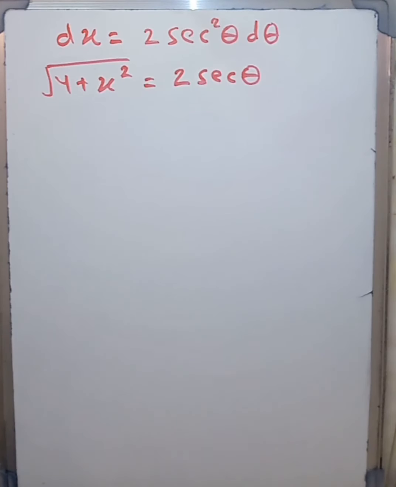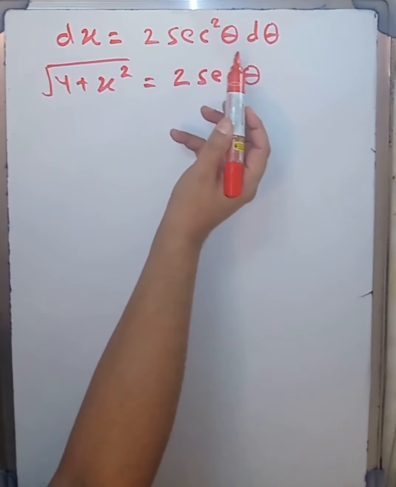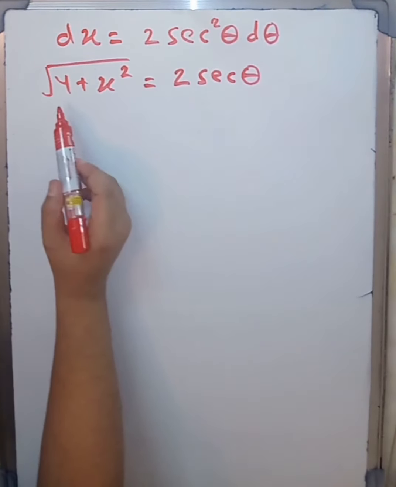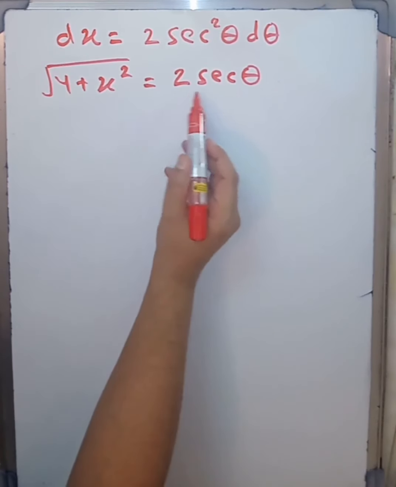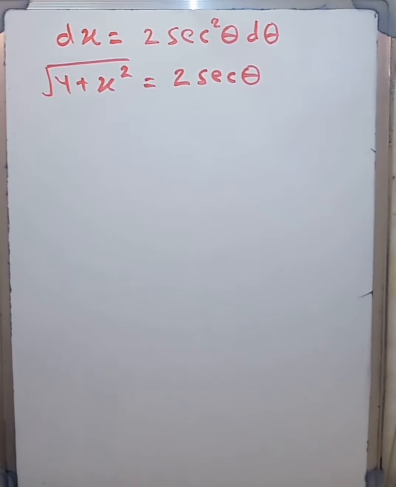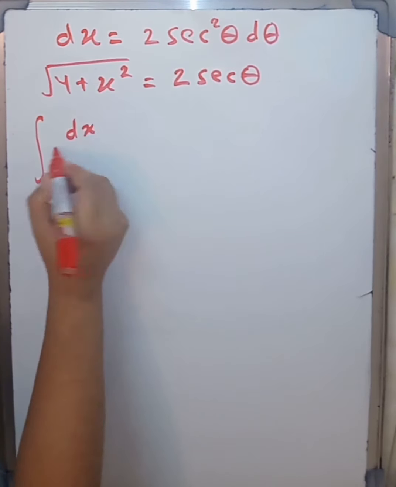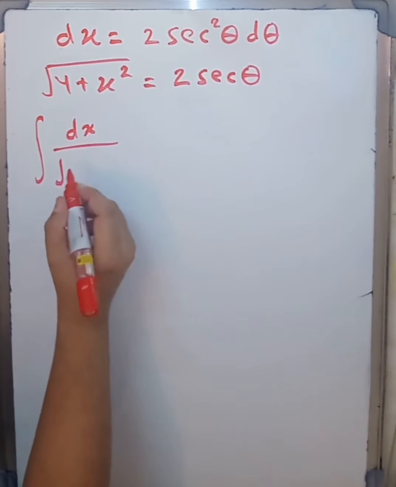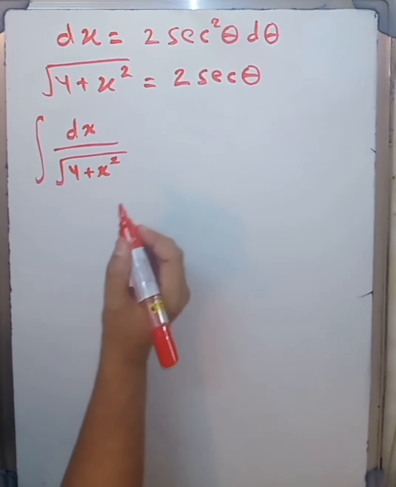So we have evaluated dx as 2 secant square theta d theta and square root of 4 plus x square as 2 secant theta. So now let us substitute in the original integral. The original integral is integral dx over square root 4 plus x square.